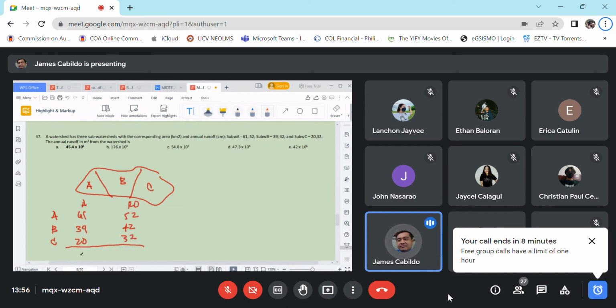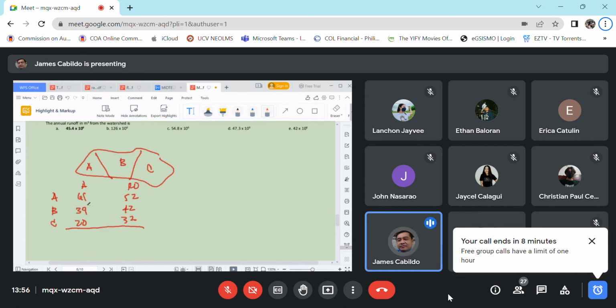So baka matempt tayo na kukunin na yung total, no? This is already 120 square kilometers. Tapos ang runoff naman nito, pag tinotal natin ito, 126 cm. Ano bang tinatanong? Annual runoff in cubic meters, no?